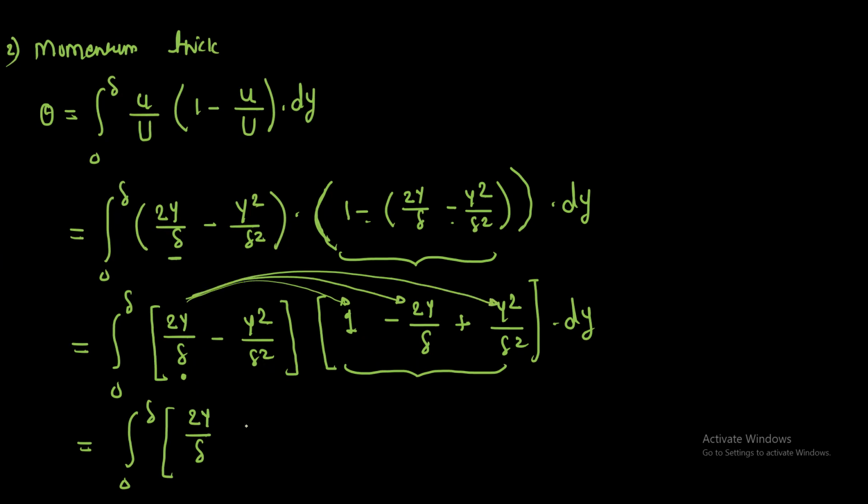Okay. So second is minus 4 y square upon delta square. Next we have plus 2y cube upon delta cube. Then multiply by this minus y square upon delta square to each term.